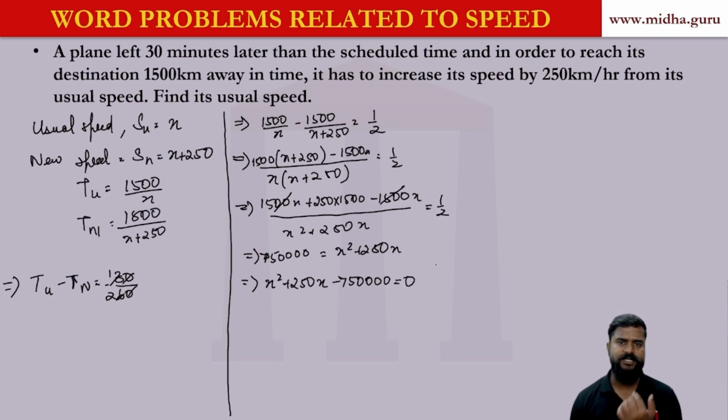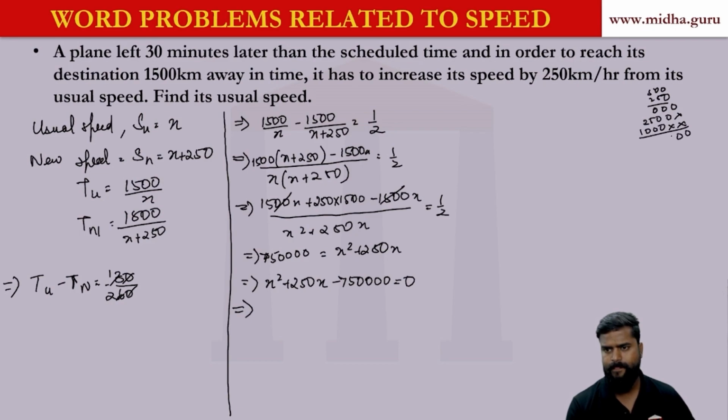Now we'll solve this equation to find the original speed of the plane. So since it is 750,000, we'll write it as x square plus 1000x minus 750x minus 750,000 is equal to 0.